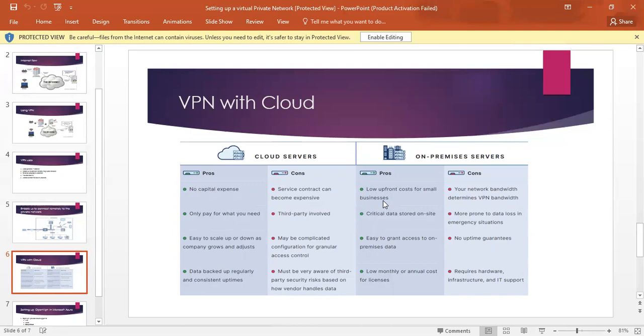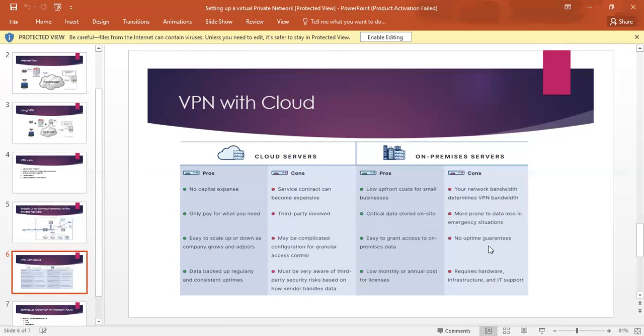On the other side, we have on-premises service, and let us see its advantages: low upfront cost for small business, critical data stored on-site, easy to grant access to on-premises data, and low monthly or annual cost for licenses. And let us see the negative points of that. Your network bandwidth determines VPN bandwidth, no uptime guarantees, and it requires hardware infrastructure and IT support.